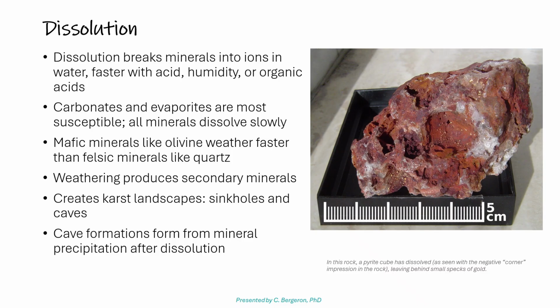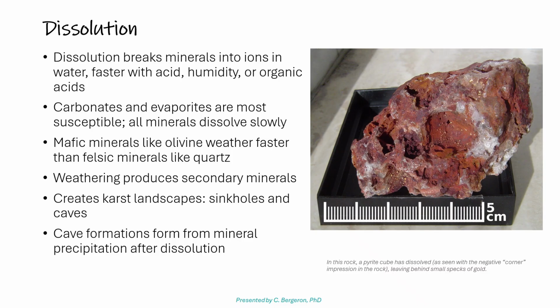So the idea behind the Goldich dissolution series is that minerals that find themselves in environments that are the most dissimilar or most unlike their environment of crystallization will dissolve, or they will weather more readily.